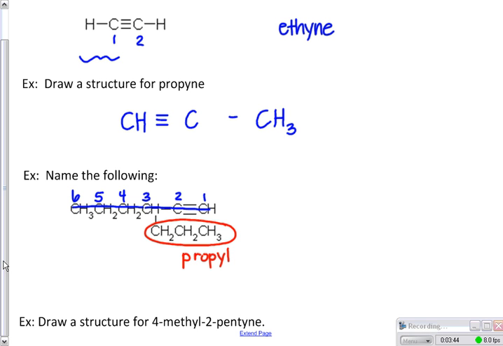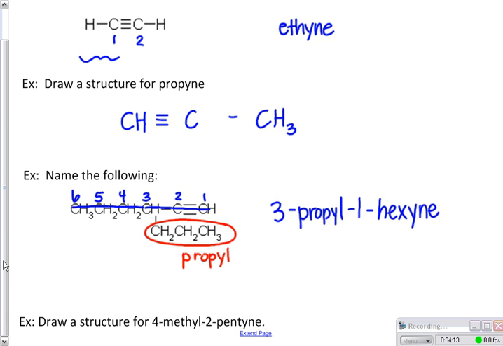So in naming this one, your parent chain has 6 carbons, so you would say hex for the prefix indicating 6 carbons. You'd say YNE as the suffix to indicate the triple bond. The triple bond is located on the 1 carbon, so 1-hexyne, and then we have a 3-propyl group. So 3-propyl-1-hexyne is the name on that example.